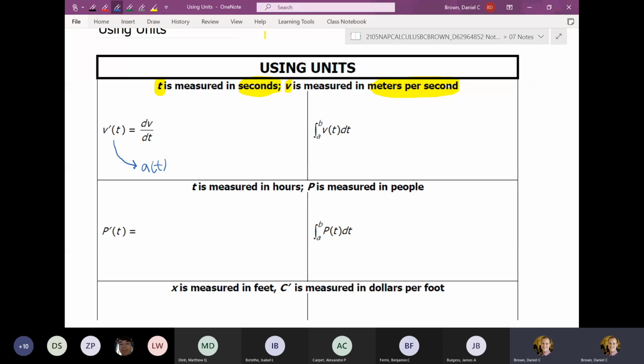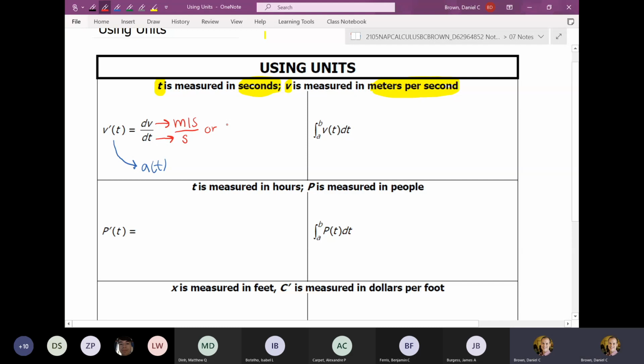If v is in meters per second, another way to write v prime is dv over dt. dv is like a change in v, so dv is in meters per second, and that's over dt. dt would just be in seconds. So we basically have our answer. v prime would be measured in meters per second per second, which is more commonly written as meters per second squared.